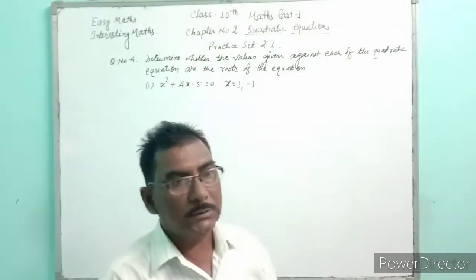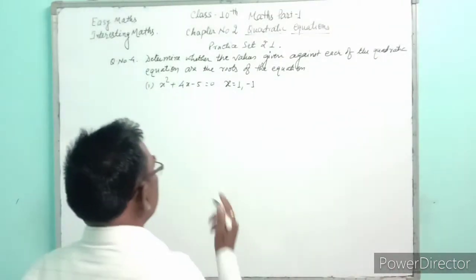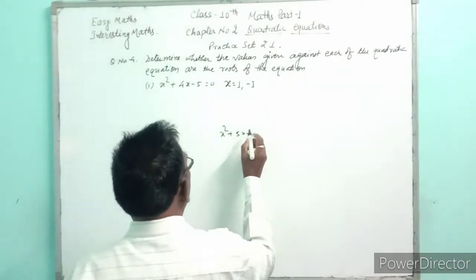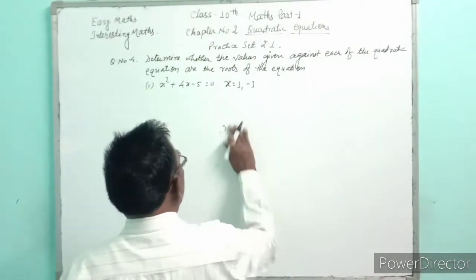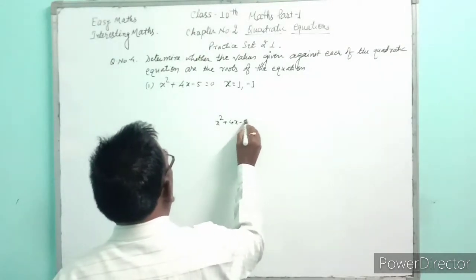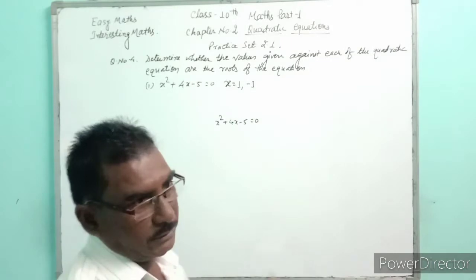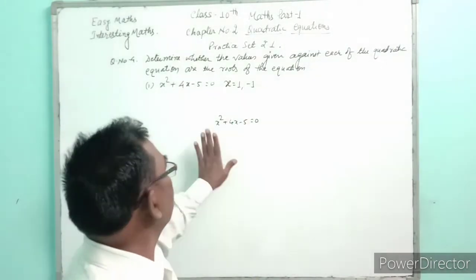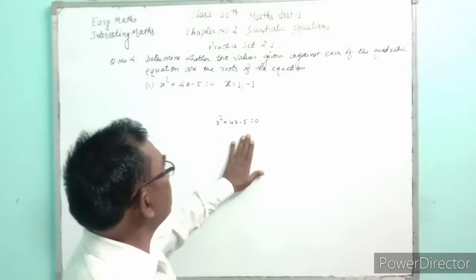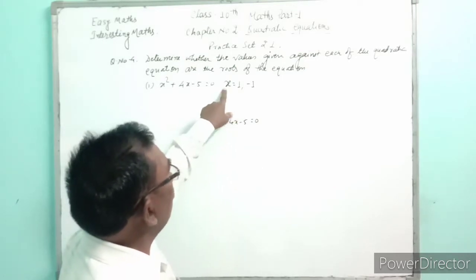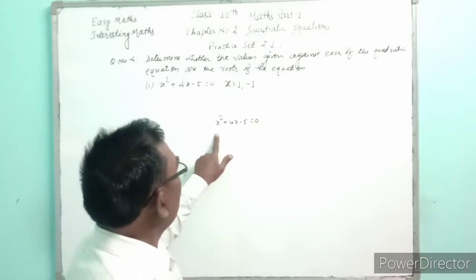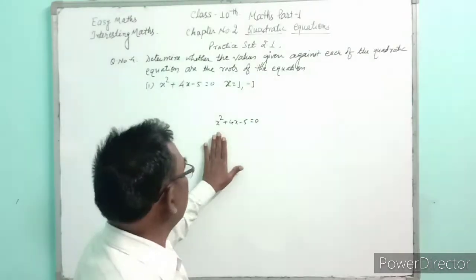Then what is meant by a root? Suppose x square plus 4x minus 5 is equal to 0. This is a quadratic equation. If this equation is satisfied for the value x is equal to 1, then 1 is a root of this equation.